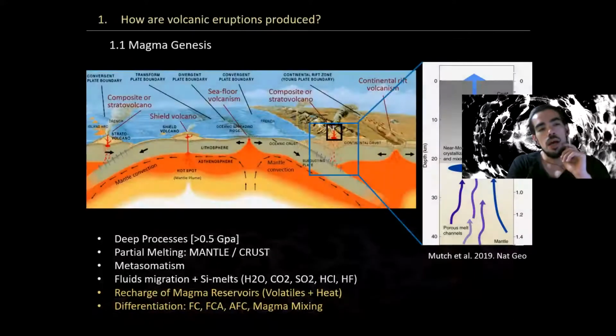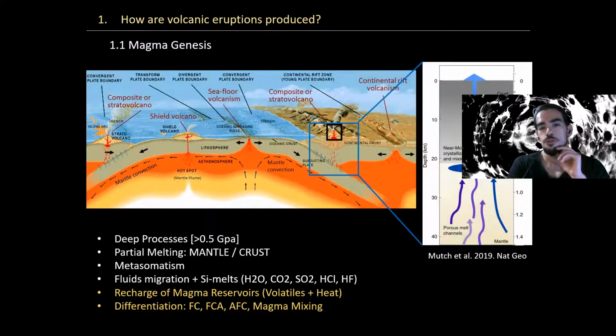So, how is magma generated and how are volcanic eruptions produced? Magma generation is a process that happens at depths of the mantle or the deep crust.